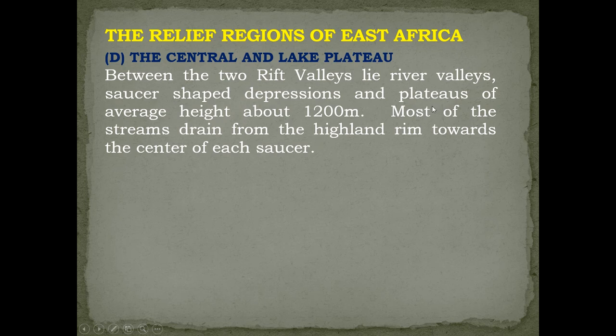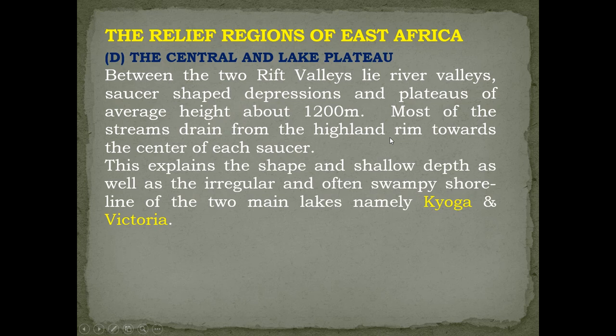Most of the streams drain from these plateaus or the highlands, and then they pour their waters in the depression which is in the middle, the Central Depression. So that's why we have the name of the relief region called the Central and the Lake Plateau.